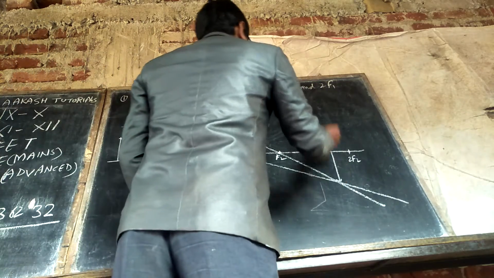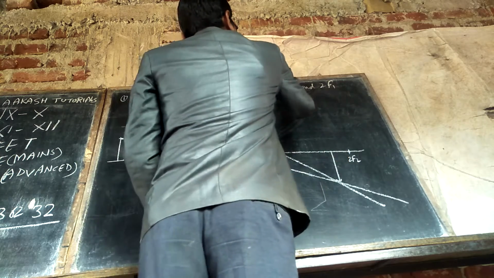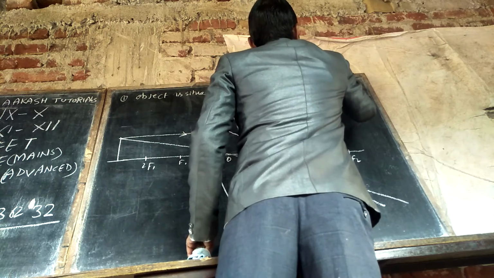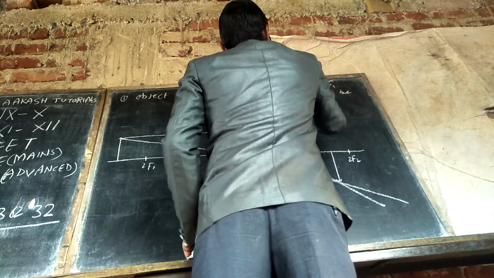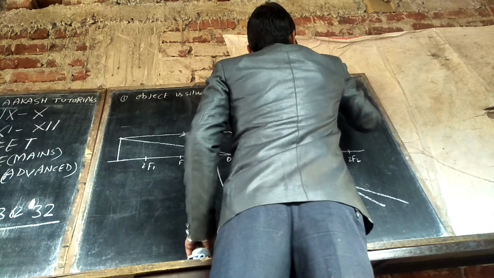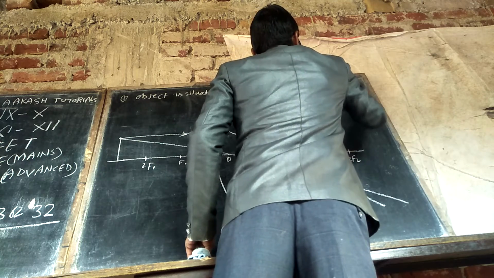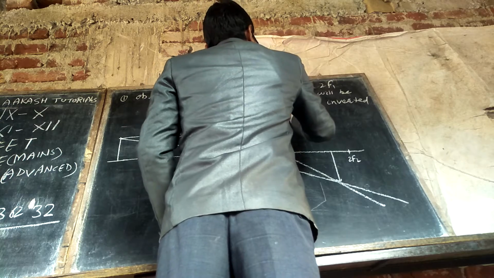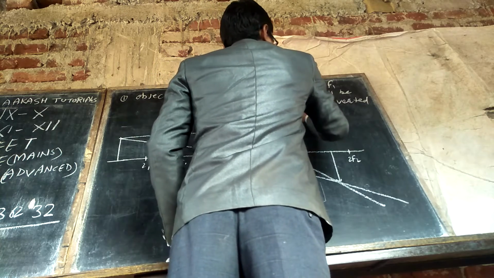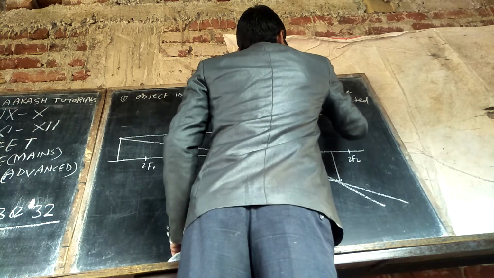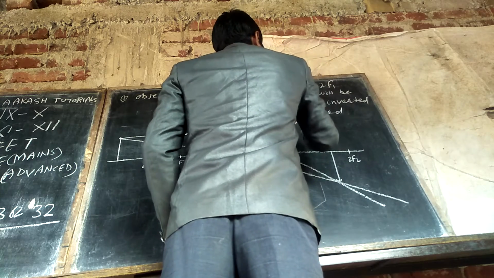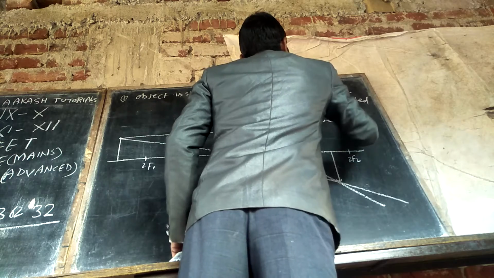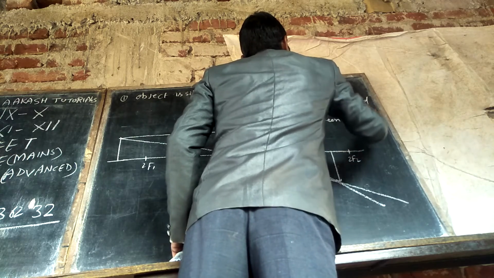Then in this case, the image will be real and inverted. Image will be diminished, that is smaller than the object, and the image will form between f2 and 2f2.